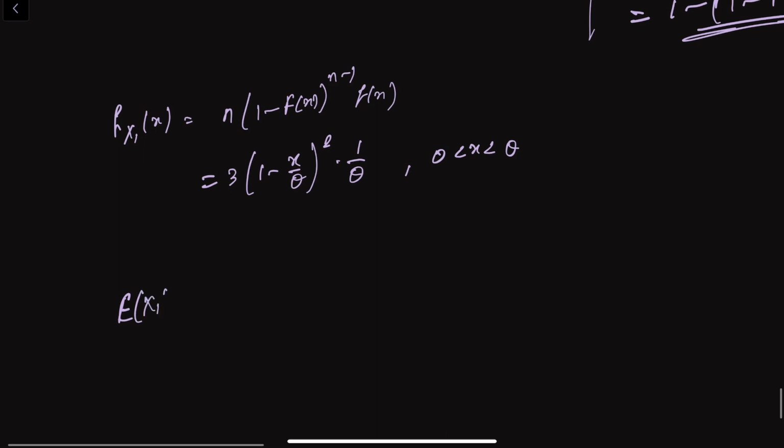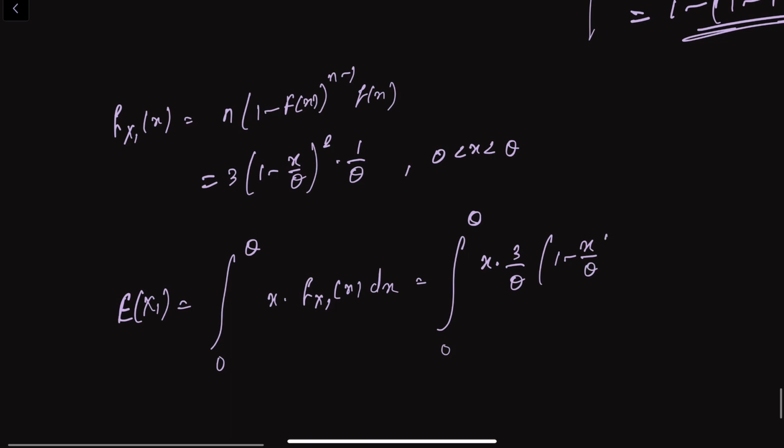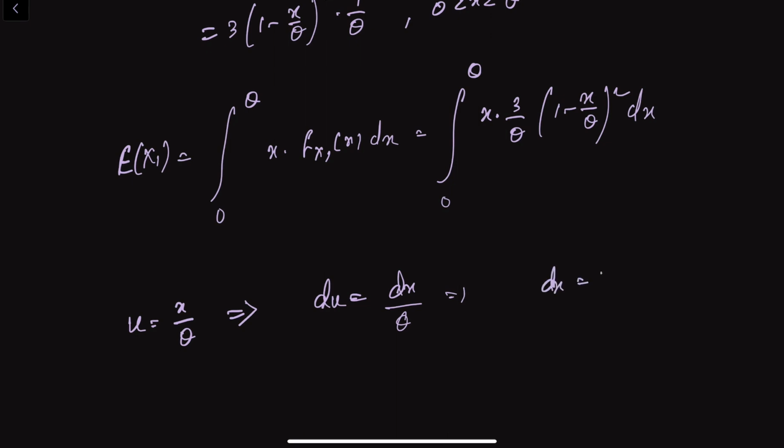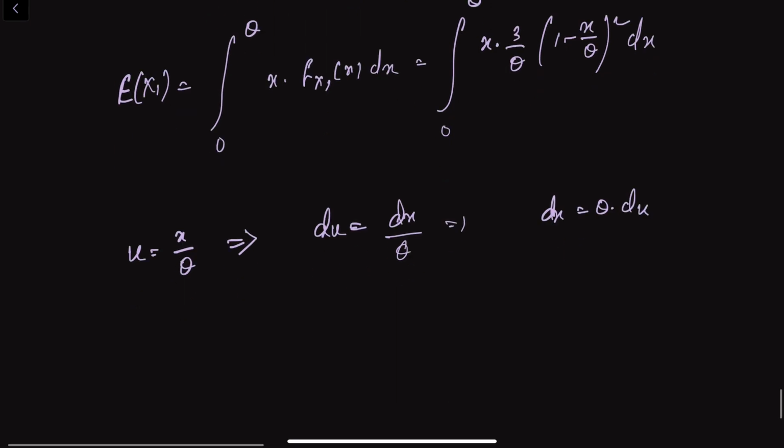So the expectation of X1 would be the integral from 0 to theta of x into f X1 of x dx, that is the integral from 0 to theta of x into 3 by theta into 1 minus x by theta whole square dx. If I consider u as x by theta, then du is dx by theta, so dx is theta into du.